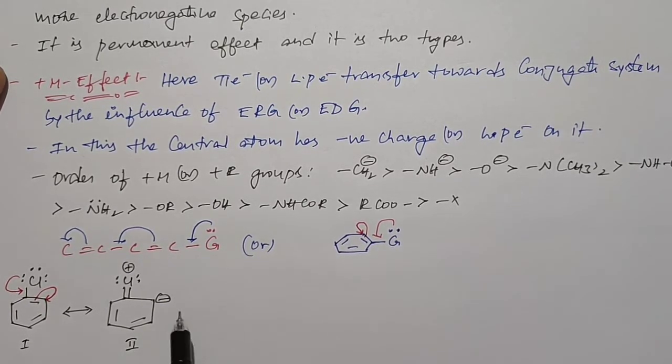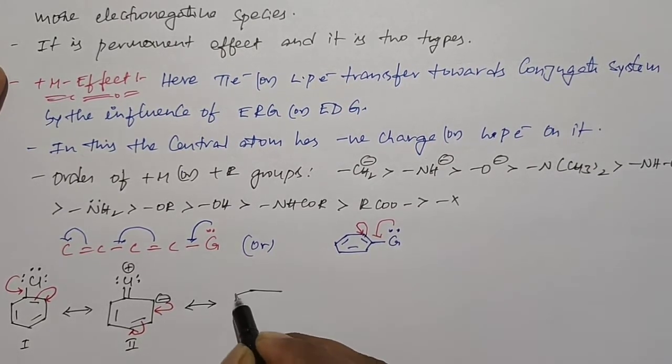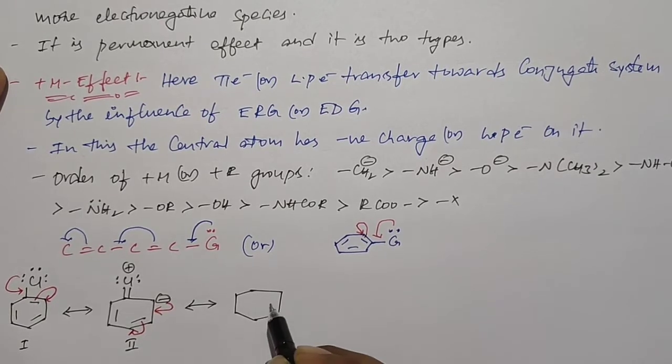These two are the resonating structures. Then these pi electrons shift towards this carbon as a lone pair, and we get another resonating structure. Again, the electrons shift as pi electrons, and these pi electrons shift towards the next carbon as a lone pair.